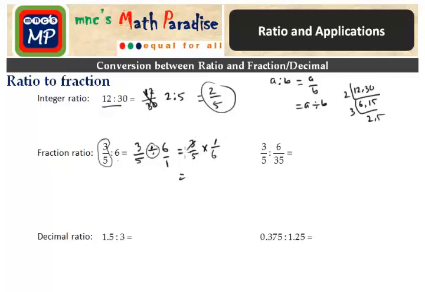Now if we simplify, 3 and 6 is 2, so it will be 1 division 5 times 2 is 10. So the equivalent fraction corresponding to this ratio is 1 division 10.